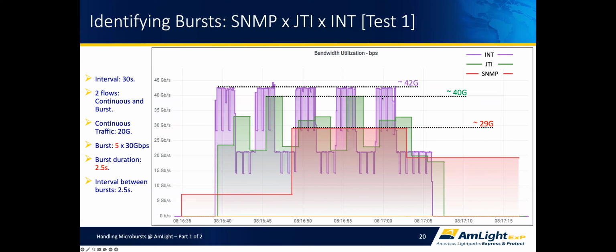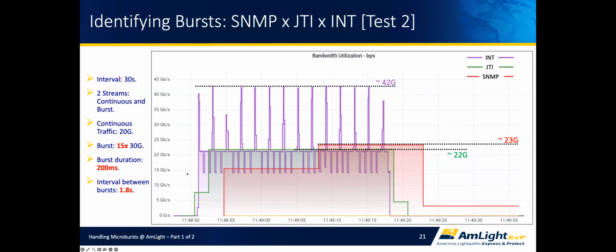You can see the JTI in green, not as much precision. Sometimes it goes halfway, sometimes all the way, but you can see that it has 5 events. And when you go to SNMP, there's no precision. The maximum that we got was 29 gigs. There's just one mountain, with no idea that there are microbursts or bursts happening.